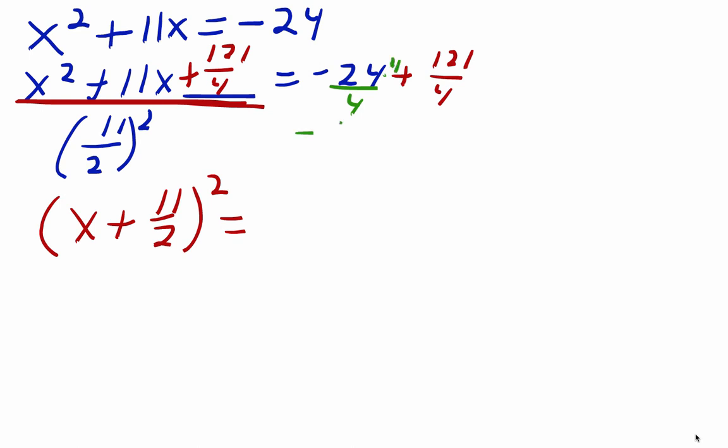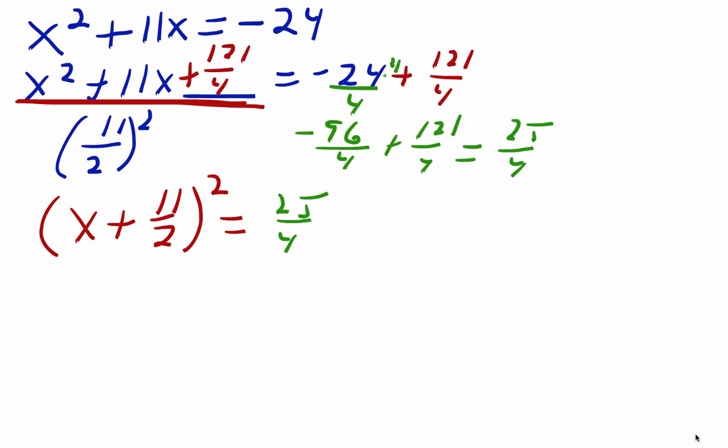So that'd be negative 96 fourths plus 121 fourths, which is going to be then 25 fourths. So I have 25 fourths. Take the square root of both sides. If I take the square root, it cancels out this square.